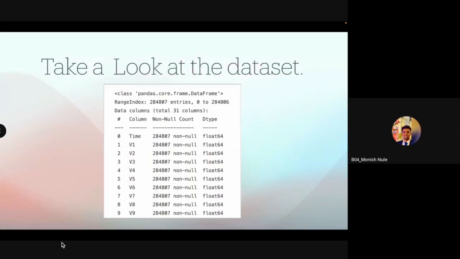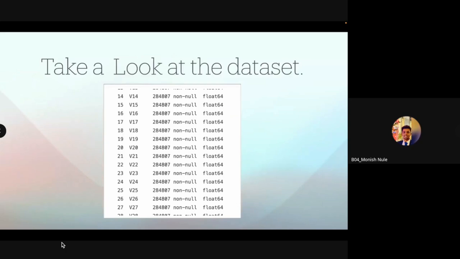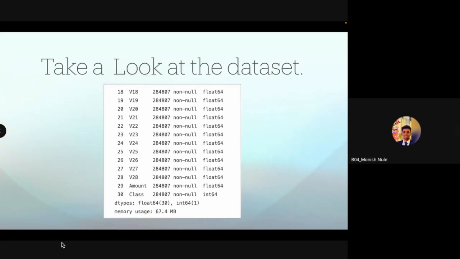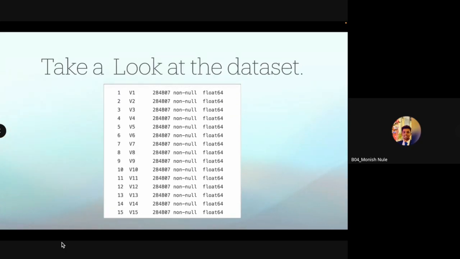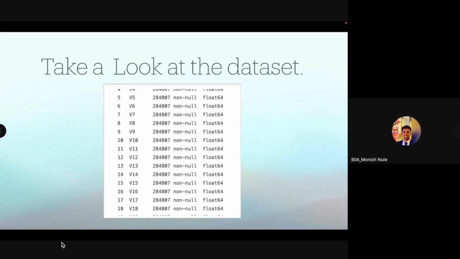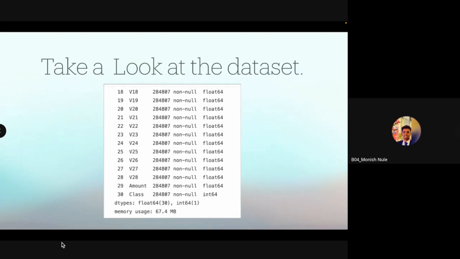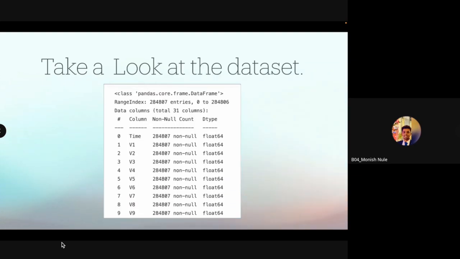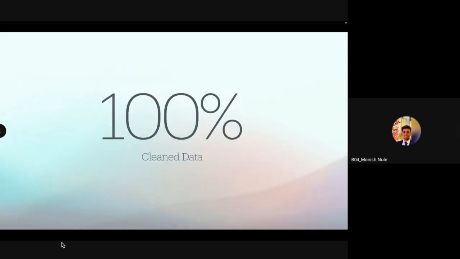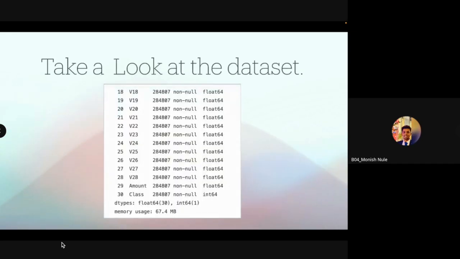If you take a look at the dataset which I have downloaded from Kaggle, all the data has non-null values and no missing values in it. So we can say this is completely clean data. As you can see here, we have columns named V12, V18, V19.